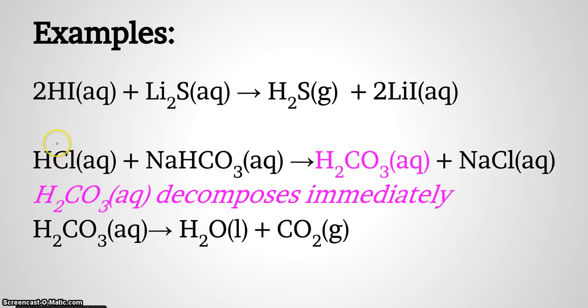Or here, hydrogen chloride and sodium bicarbonate, the hydrogen and the sodium replace each other, and we get H2CO3, okay? This immediately decomposes and becomes water and carbon dioxide. So here are two examples of when you would see gases produced in a double replacement reaction.